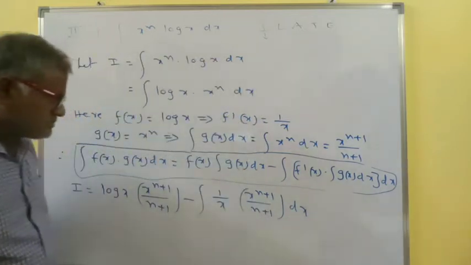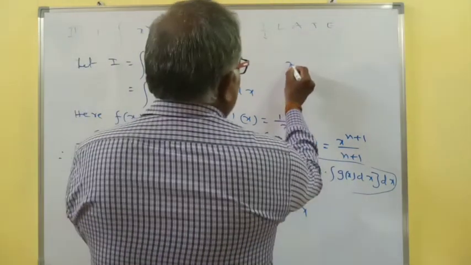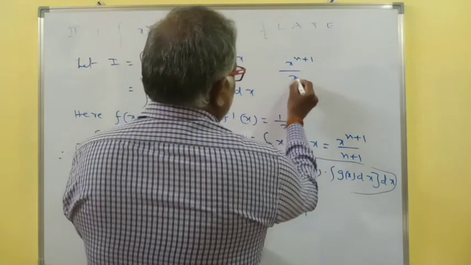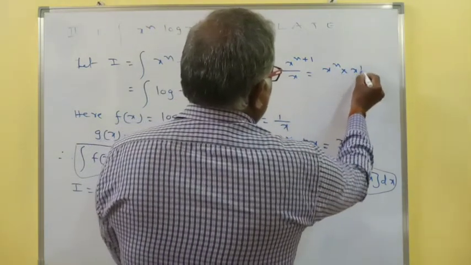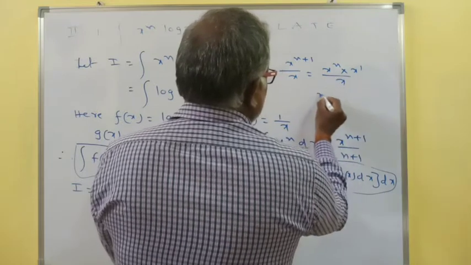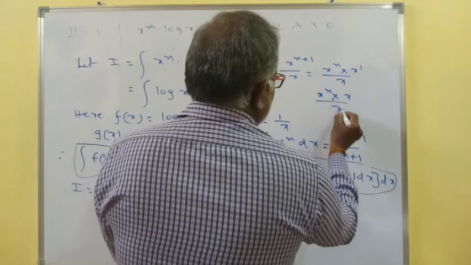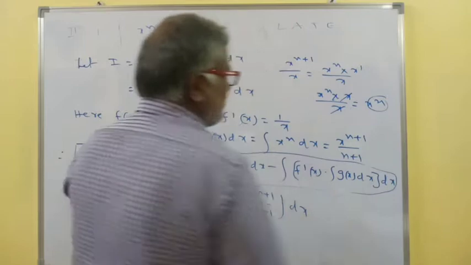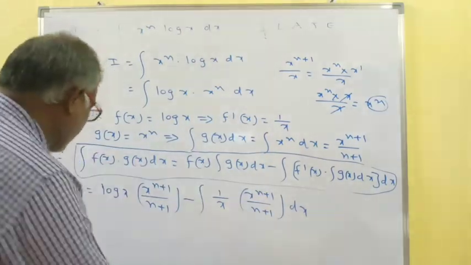If you observe here, x power n plus 1 by x means x power n into x by x. The x's get cancelled. So ultimately, what is the simplification? x power n.